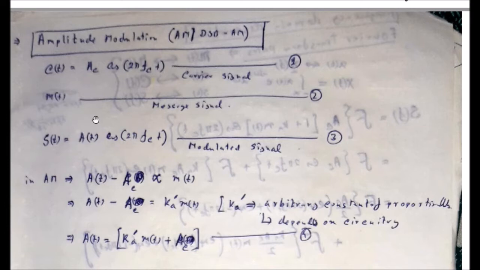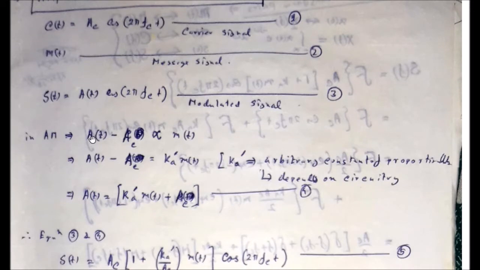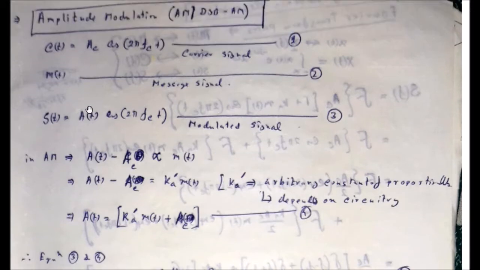A(t). Now as per the definition, the difference between the final amplitude after modulation and the initial amplitude of the carrier, that means final amplitude A(t) minus initial amplitude, should be proportional to the time variation of the message signal.